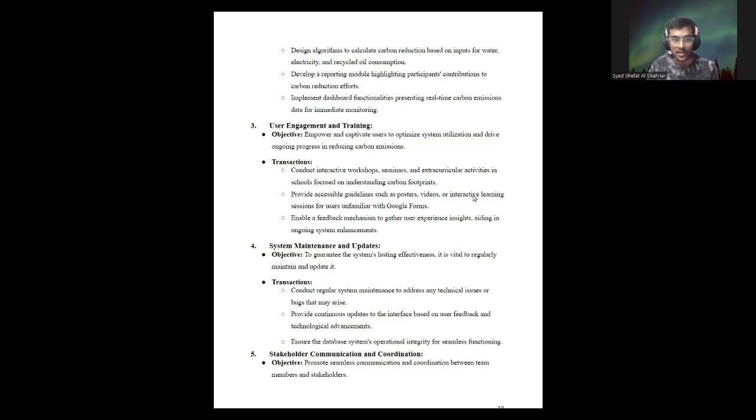And then the fourth part, system maintenance and updates. Here the main objective is to collect the final emissions from feature 3, then take those and do the maintenance and updates for further work.